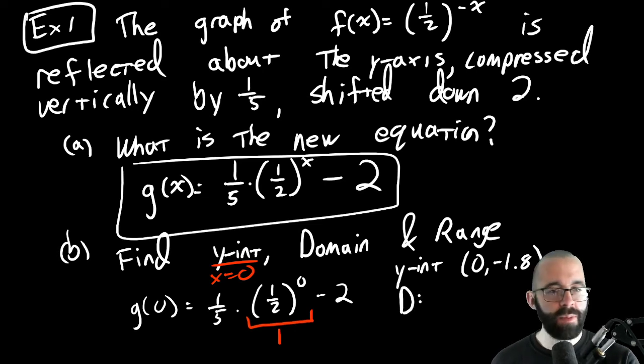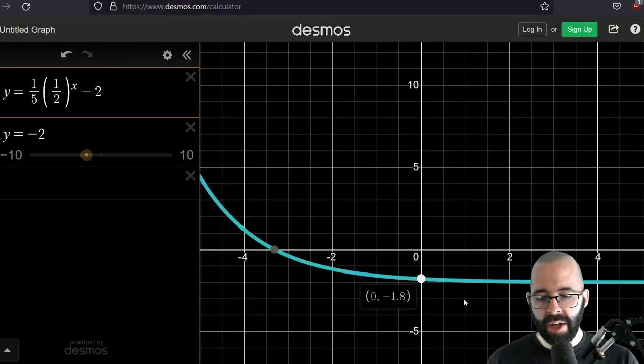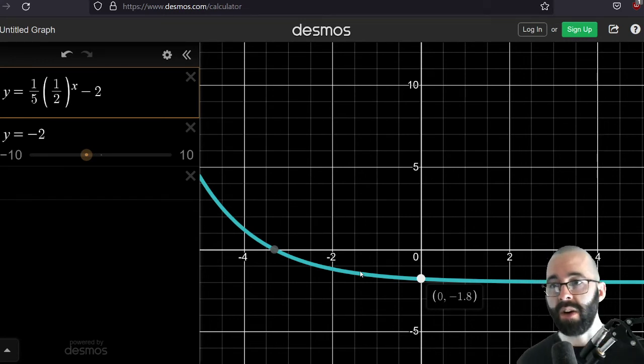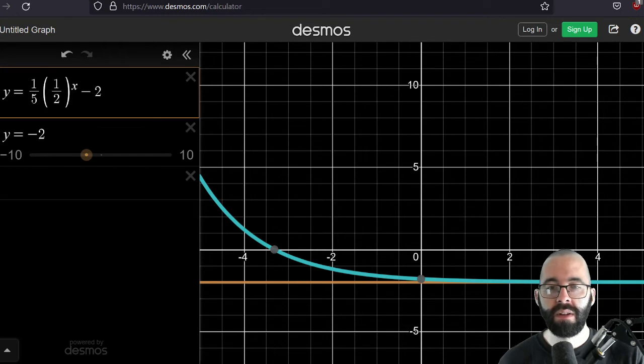Domain of any exponential function is always all real numbers. Look at all the x values here. Every x value is represented somewhere on this graph. All real numbers. The range is not though, right? We had that asymptote.